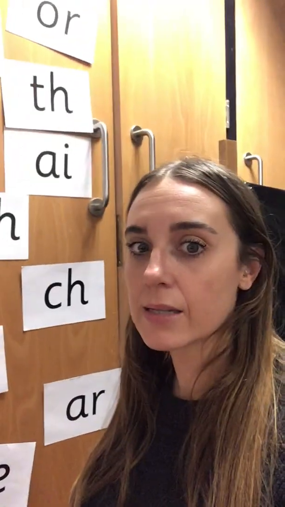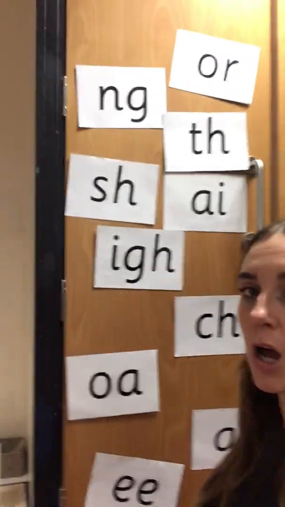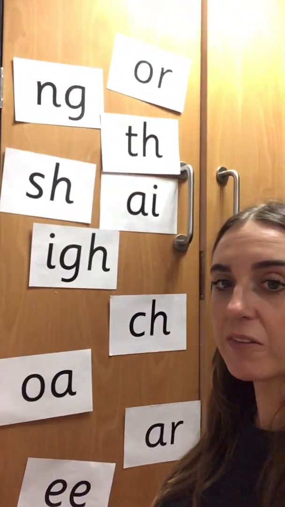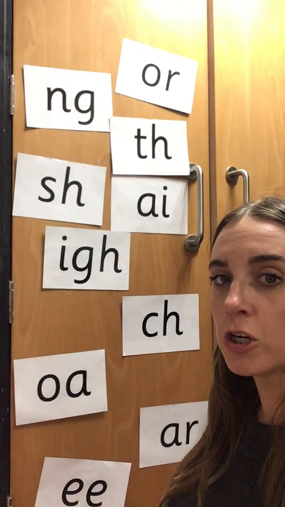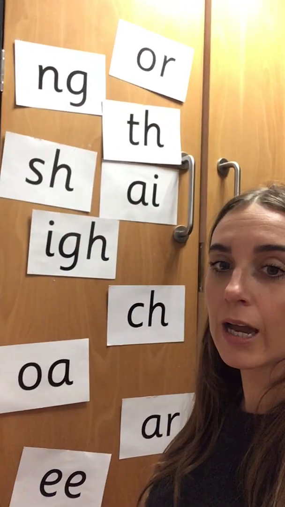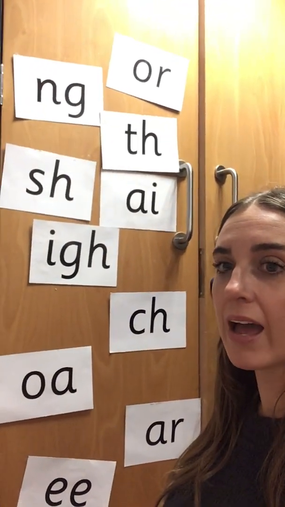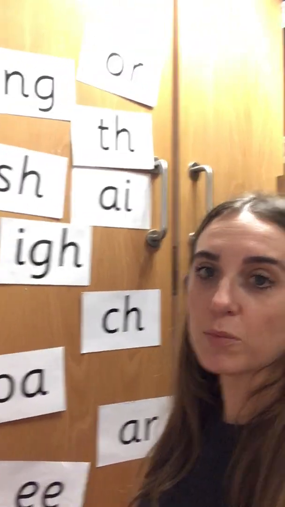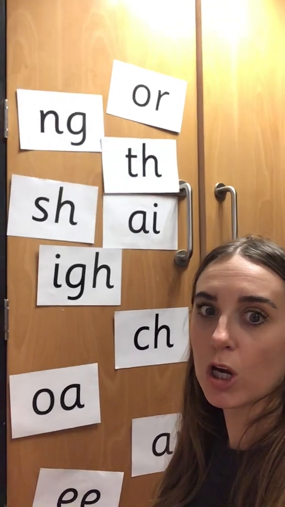Okay, so let's have a look at our board. We've already learned so many digraphs and trigraphs. Let's see if we can help me. Let's see if we find sh. Can we see trigraph igh? Can we see or?